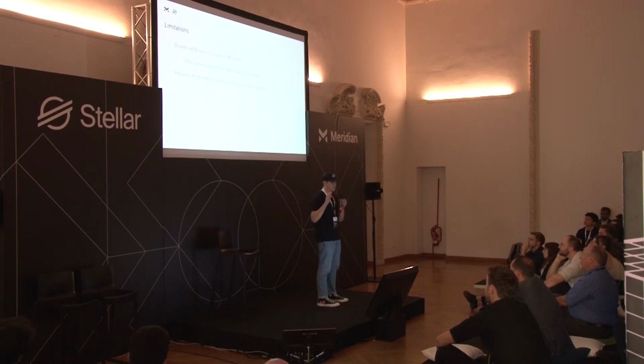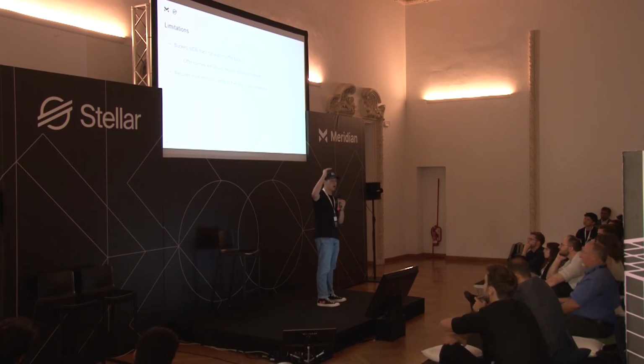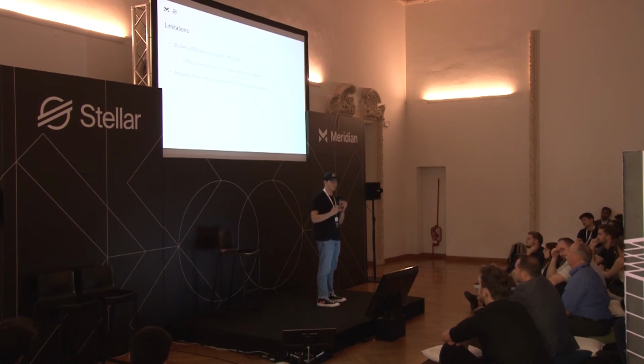Now this does come with some notable limitations. In particular, the experimental BucketlistDB currently does not support offer loads. The reason for this is that offer loads are special insofar that they need to be very low latency, and they need to return the offers sorted by price for things like the DEX. Because the bucket list has offers in many different levels, this is a very difficult query, and so it's currently not supported.